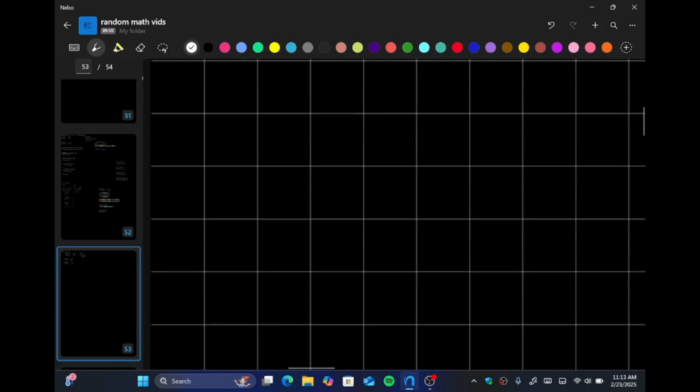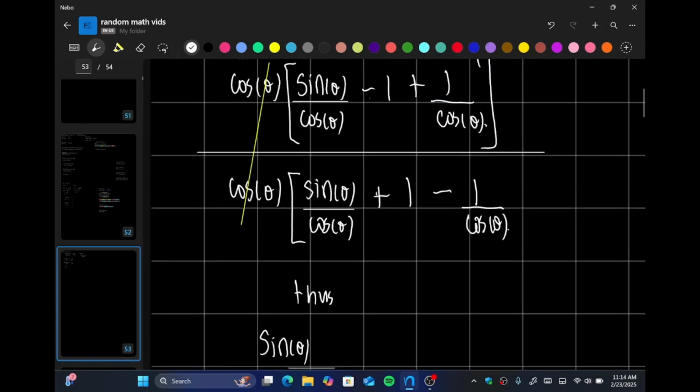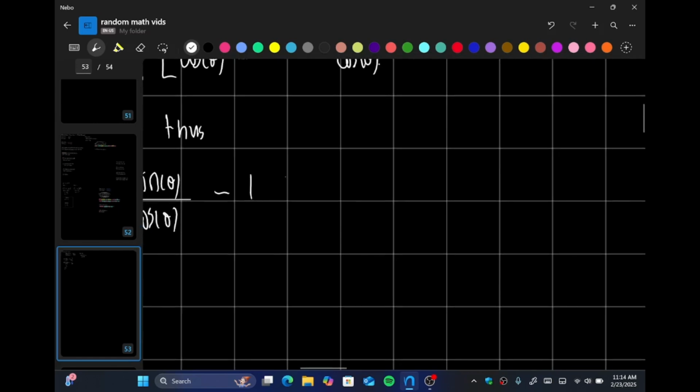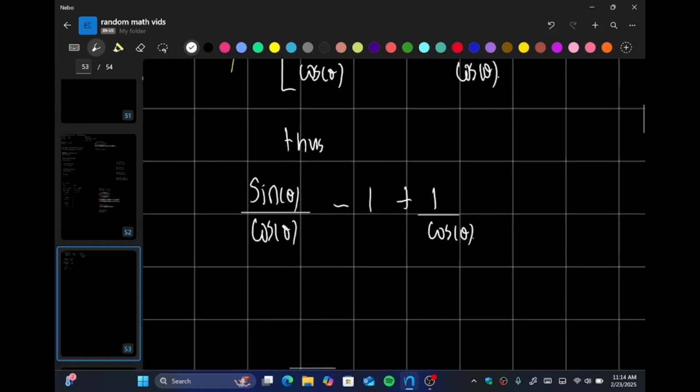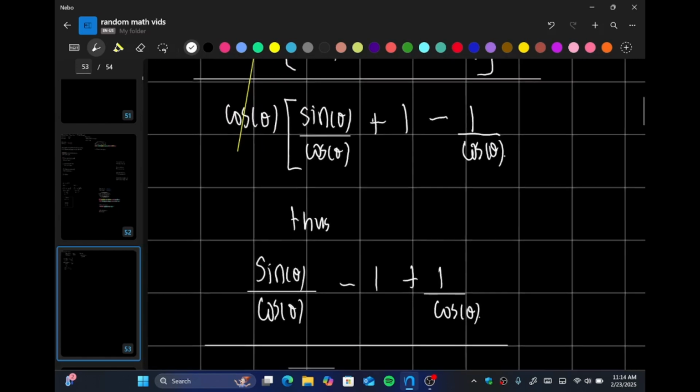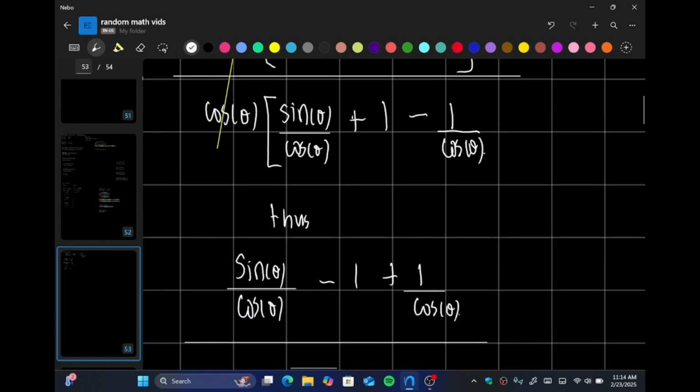So we're going to get sine theta over cosine theta minus 1, plus 1 over cosine theta, and then that is going to go over sine theta over cosine theta plus 1.